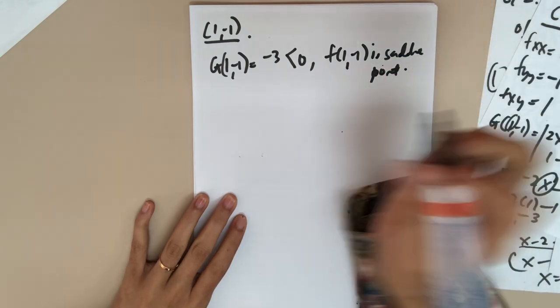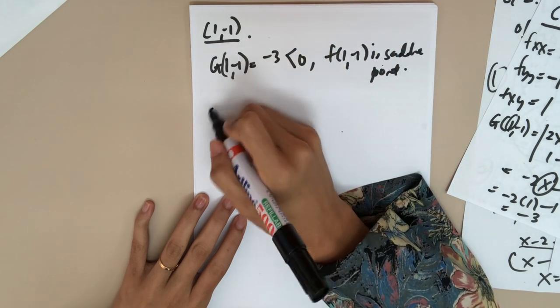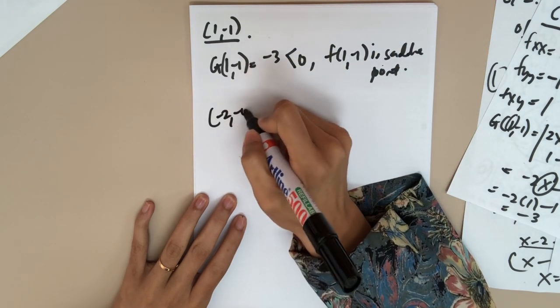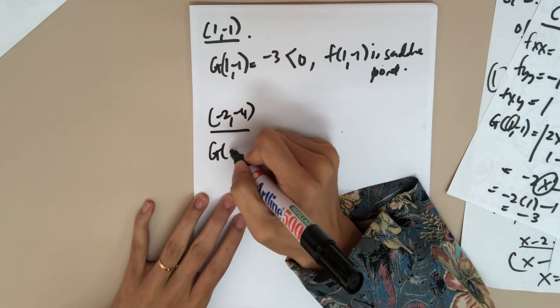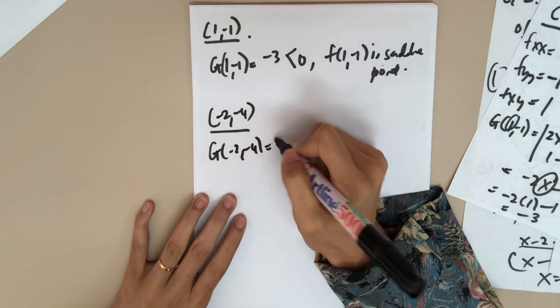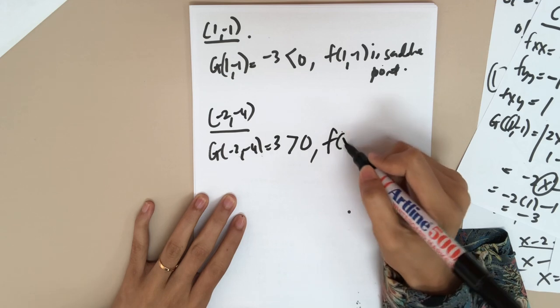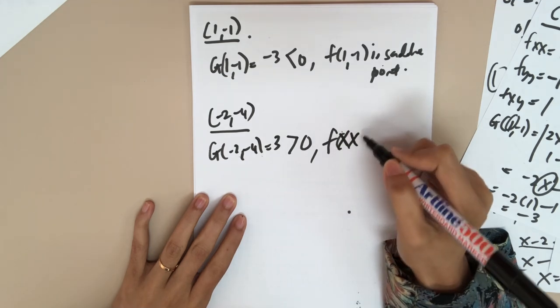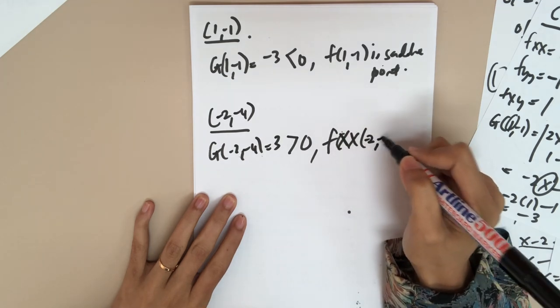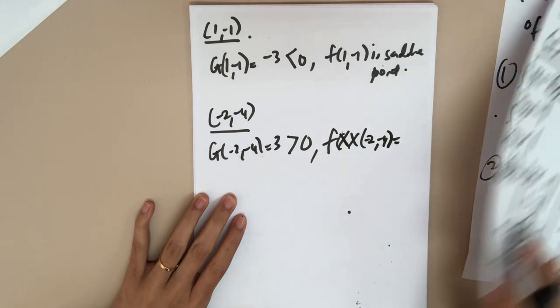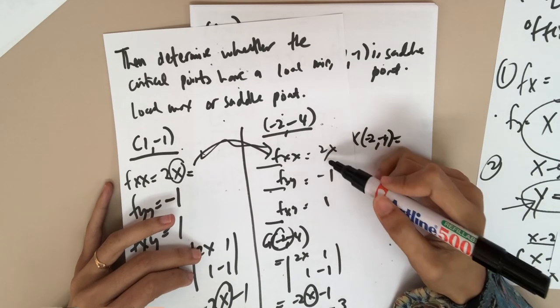Then for (-2,-4), since your g(-2,-4) is equal to 3, which is greater than 0, now you need to check your f_xx. Your f_xx at (-2,-4) is 2x, right?